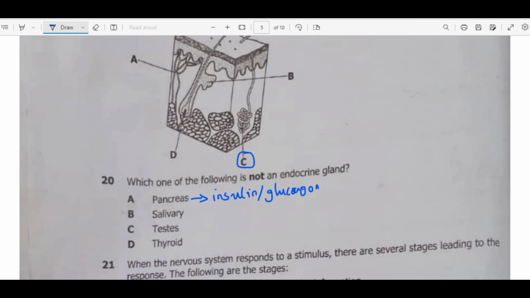Then the salivary gland produces saliva, so this is an exocrine gland. So the answer is this one, because the testis is an endocrine gland which produces hormones such as testosterone. Then the thyroid produces thyroxine. So the answer is B.